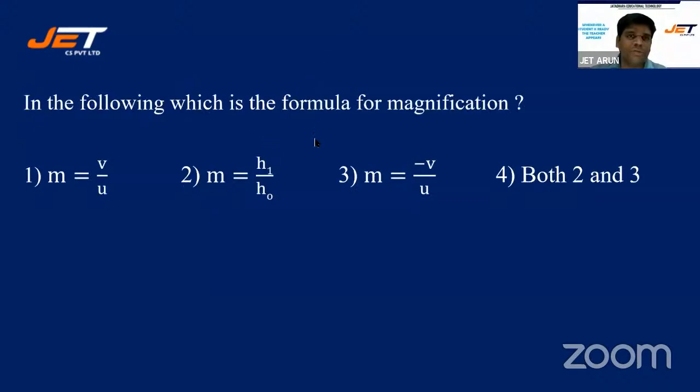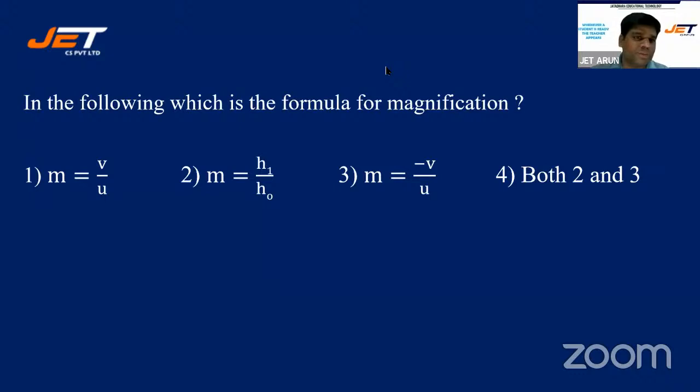In the following, which is the formula for magnification? V by U, HI by HO, minus V by U, both 2 and 3. All right. 4.